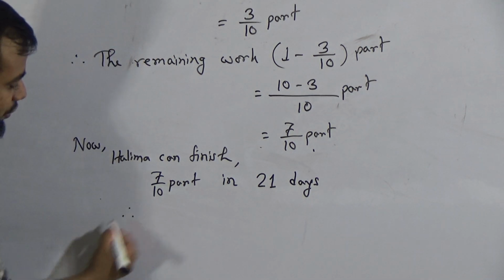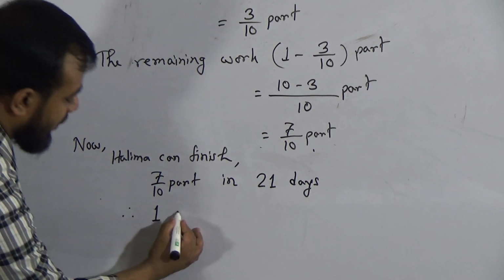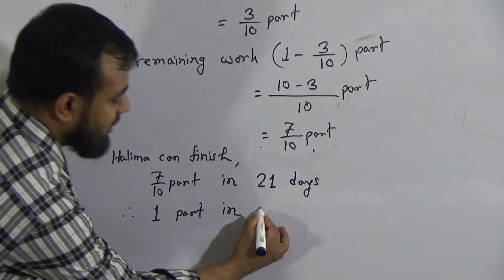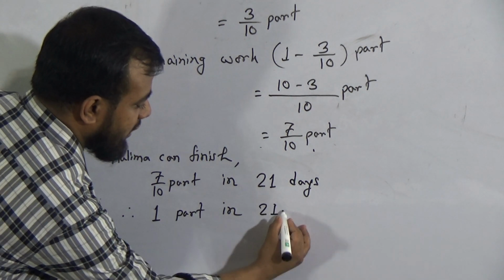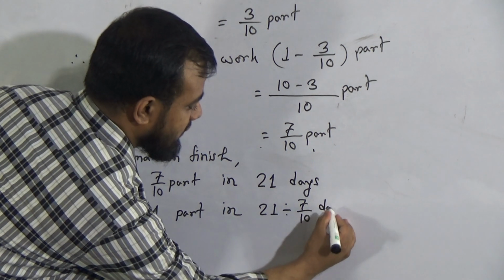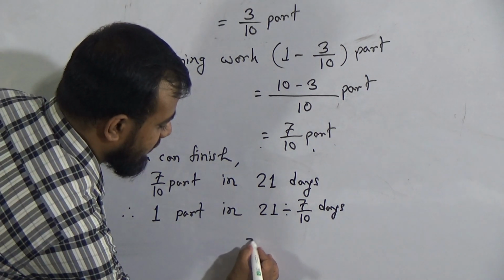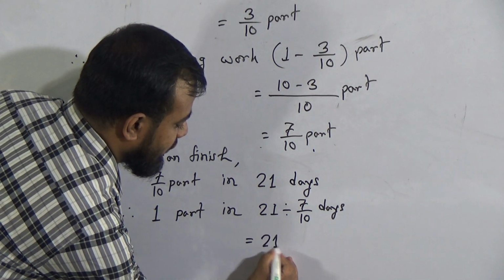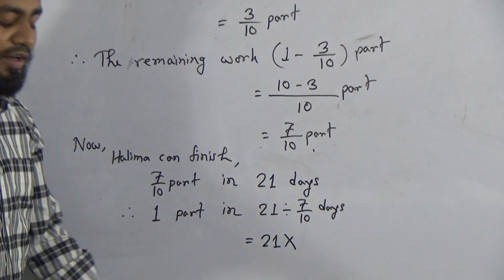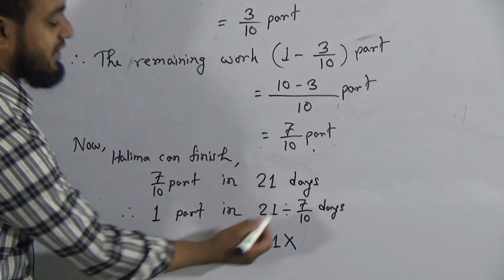So therefore one part means the whole work. Okay, one part in how many days? In 21 divided by 7/10 days. This is our calculation. Easy calculation. We can write down the multiply sign in the place of division sign, and the next fraction will be the reciprocal of this given fraction.